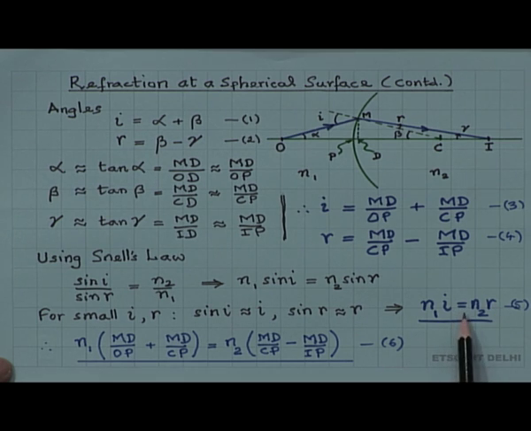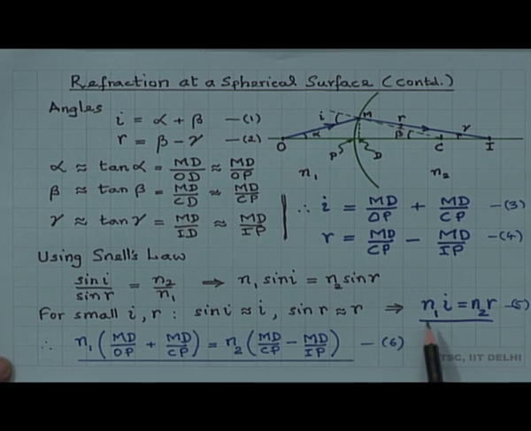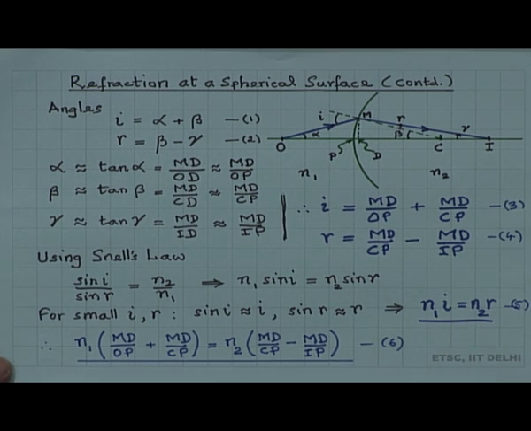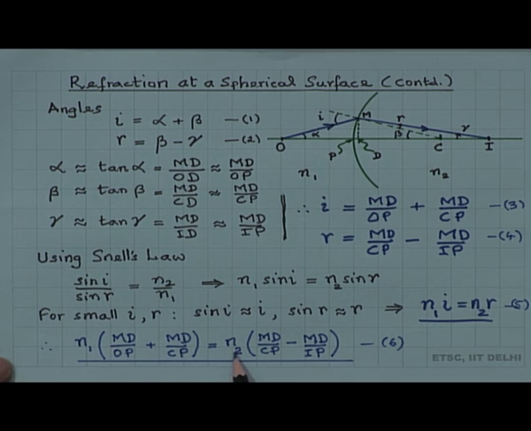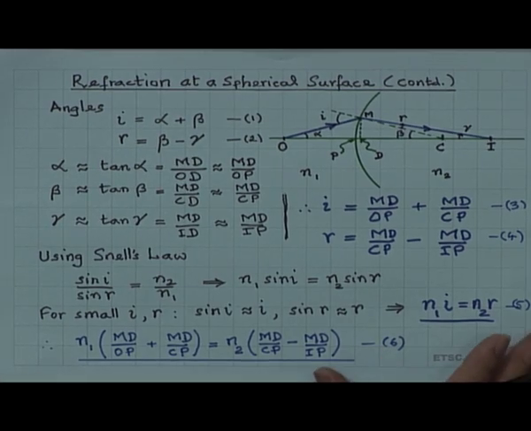This is a very good approximation. Now, i and r are given here, therefore, n1 into i from equation 3 is equal to n2 into r from equation 4. Let me call this equation number 6.